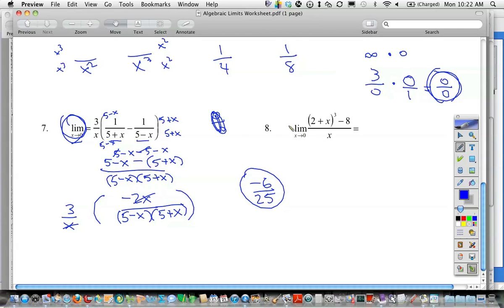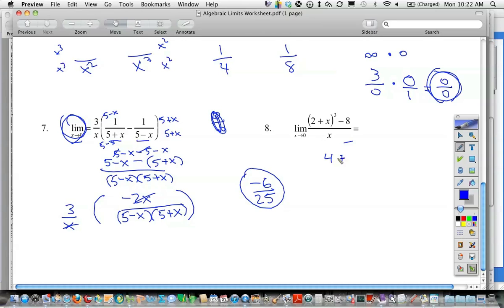On this one, you put in your 0, you get 0 over 0. Here, your only option is to FOIL that out. If you want to do Pascal's triangle, we talked about the other day, it makes it a little quicker. Otherwise, you pretty much just have to FOIL it out.